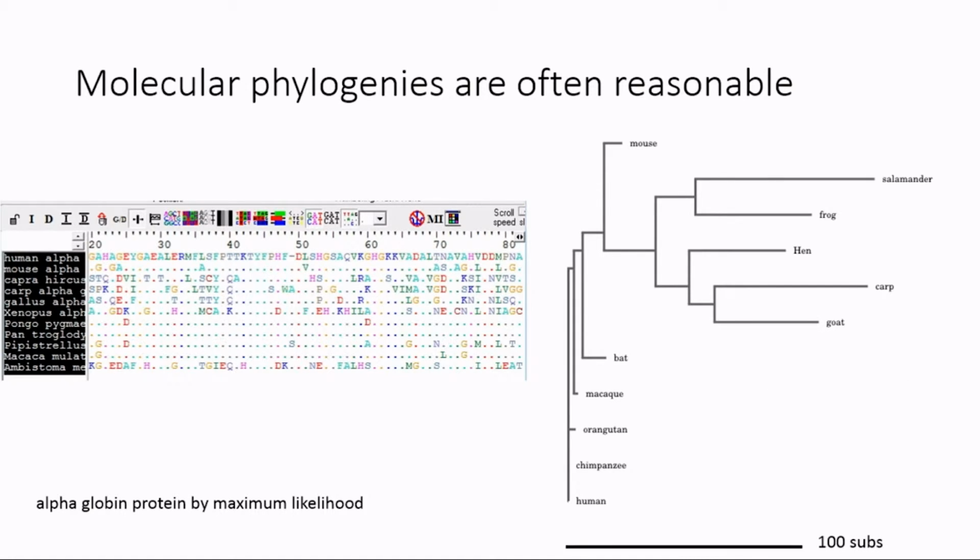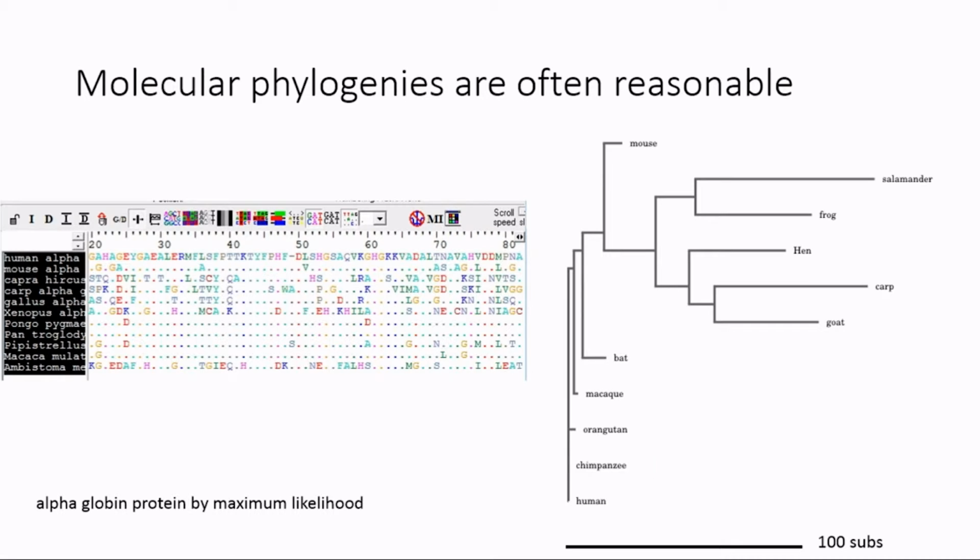In this tree, the horizontal length of the branches is proportional to genetic distance, and that bar is equal to 100 substitutions. Now, in many ways, this is very often the case, that when you do this sort of thing, you get relationships between the organisms carrying the genes that make quite a lot of sense in biological terms.